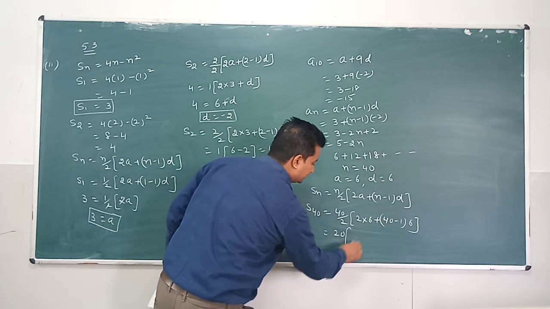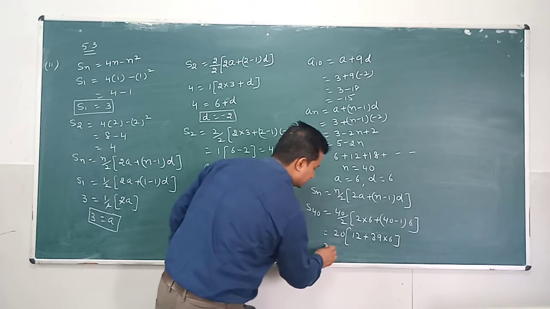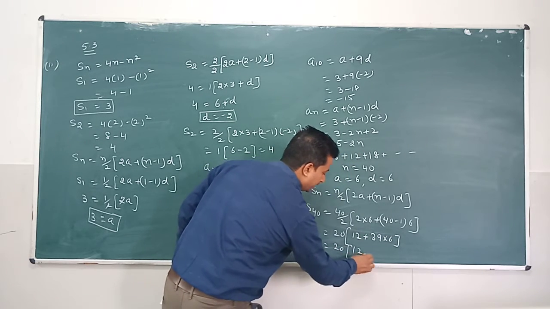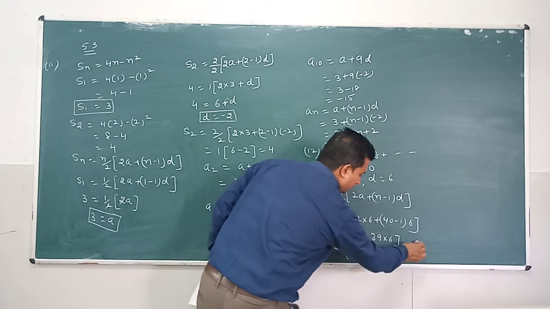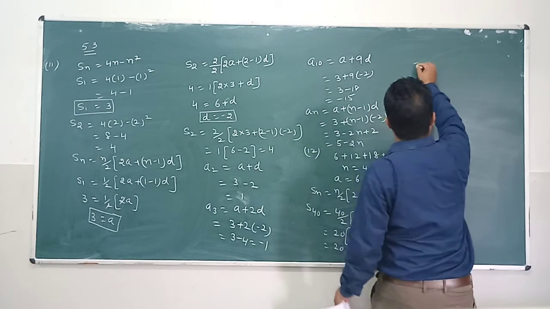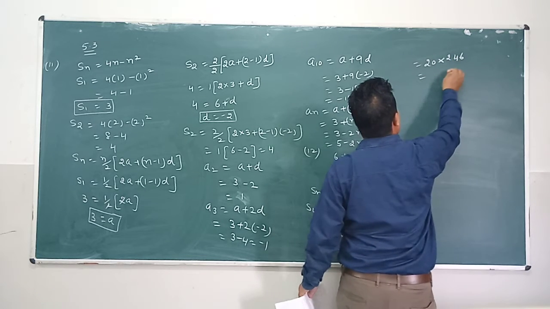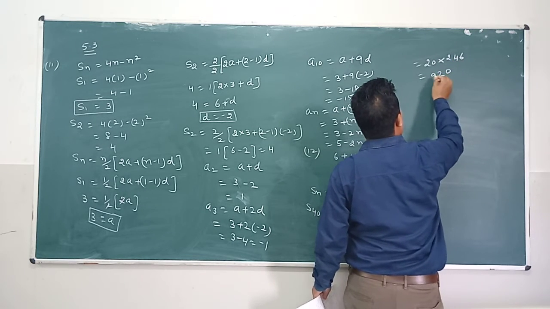This is 20 into 12 plus 39 into 6. 20 into 12 plus 234. So 20 into 246.